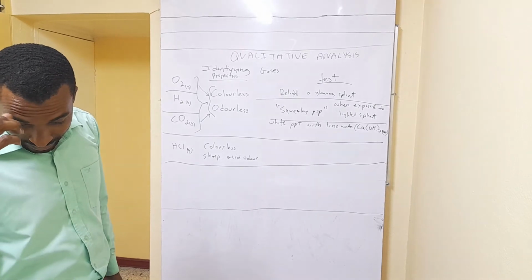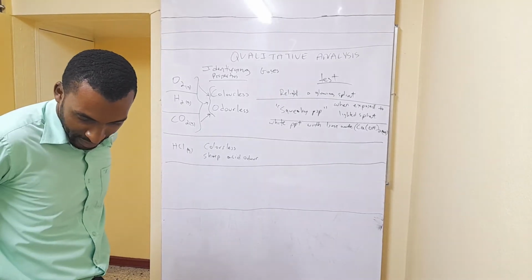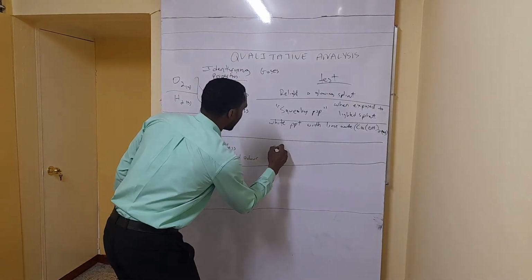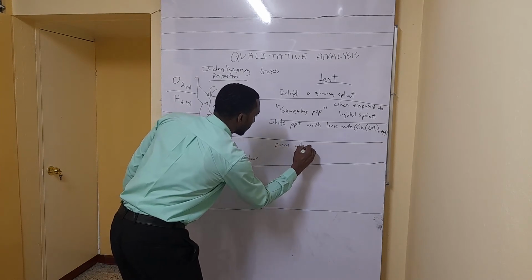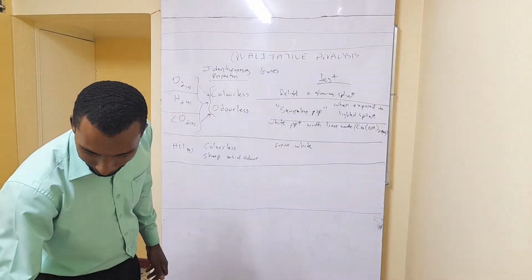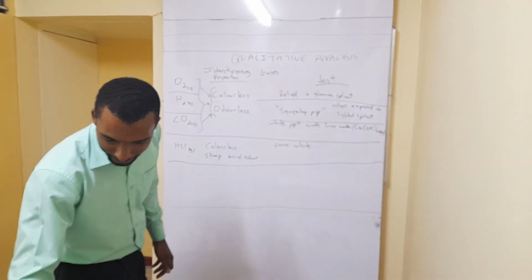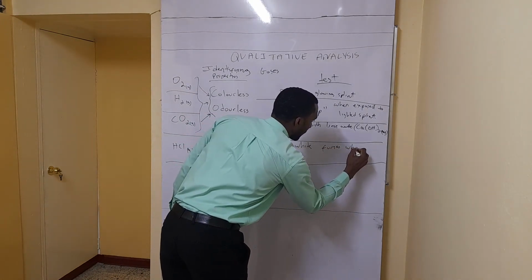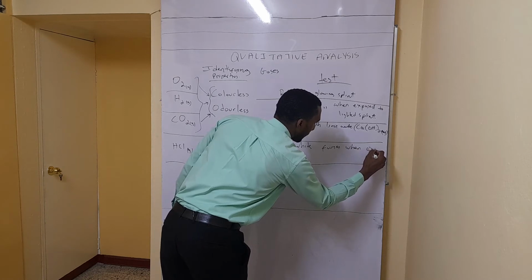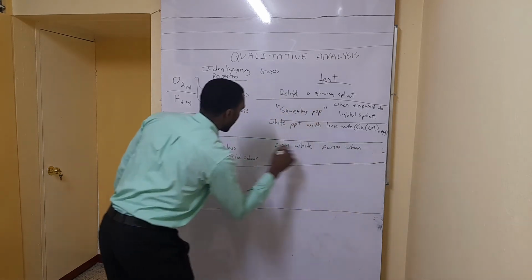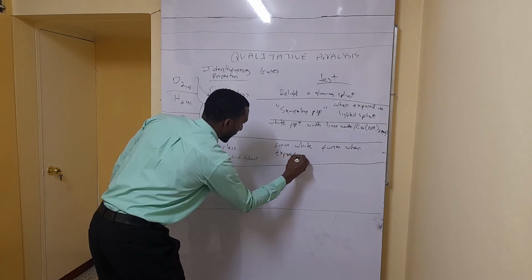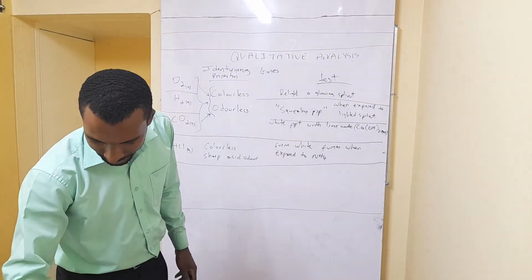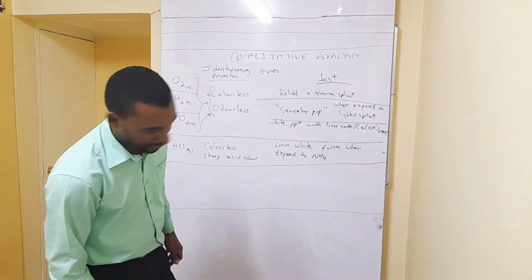While hydrogen chloride will form white fumes when exposed to ammonium chloride, the HCl, that is, ammonia gas.